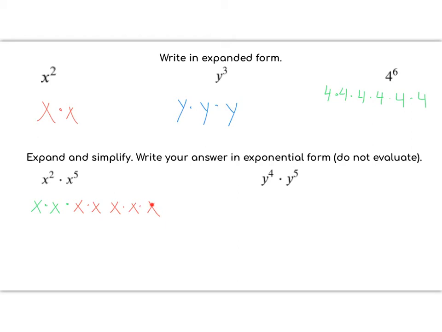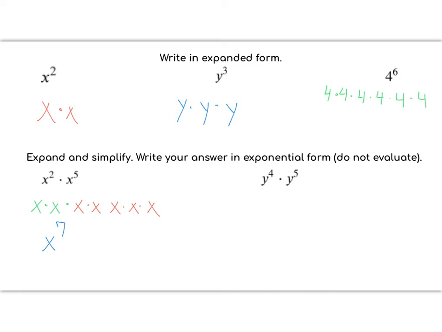I can write this as a single exponent. So all I need to do is count how many x's I have. 1, 2, 3, 4, 5, 6, 7. So my final answer is x to the 7th. So I expanded it, I counted how many x's I had, and then I wrote it as a single exponent.